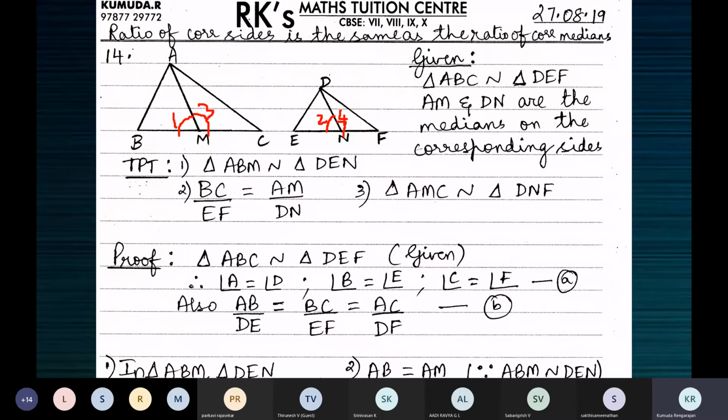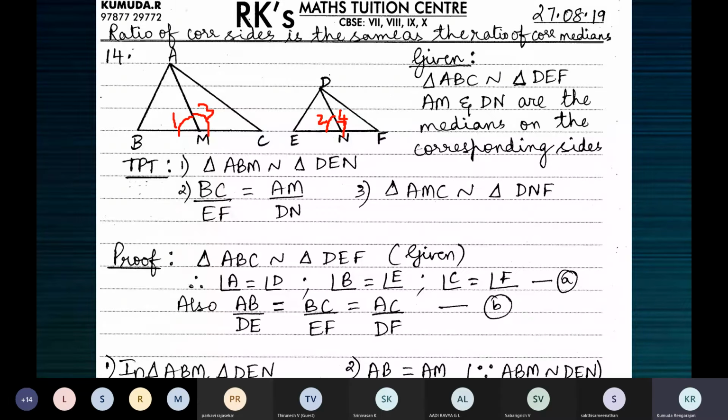Next step: if angle 1 is equal to angle 2, 180 minus angle 1 is equal to 180 minus angle 2.